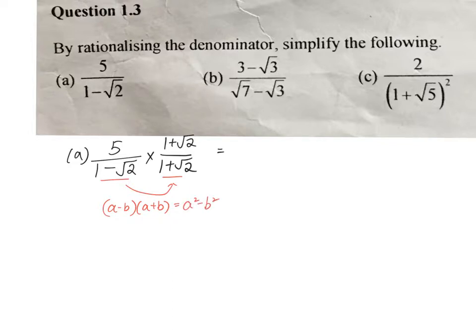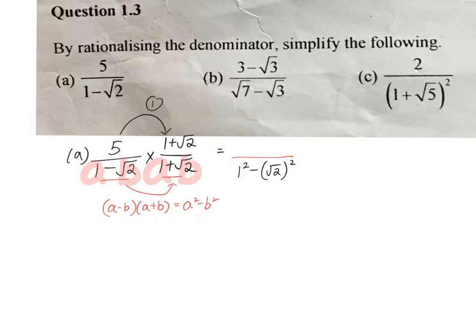So if you recognize that this is your a, b, then you should know that the denominator will just be equal to a squared minus b squared.